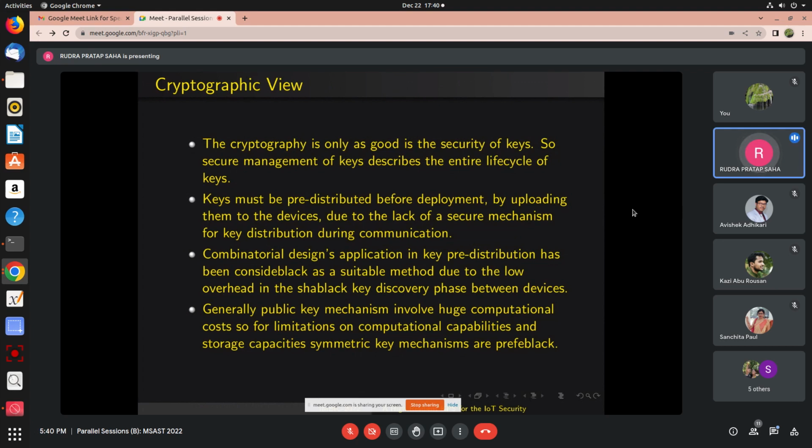We look at key distribution schemes with combinatorial design, which is considered a suitable method due to the low overhead in the scalable key discovery phase between IoT devices. Generally, public key mechanisms involve huge computational costs. So given limitations on computational capabilities and storage capacity, symmetric key mechanisms are preferable.